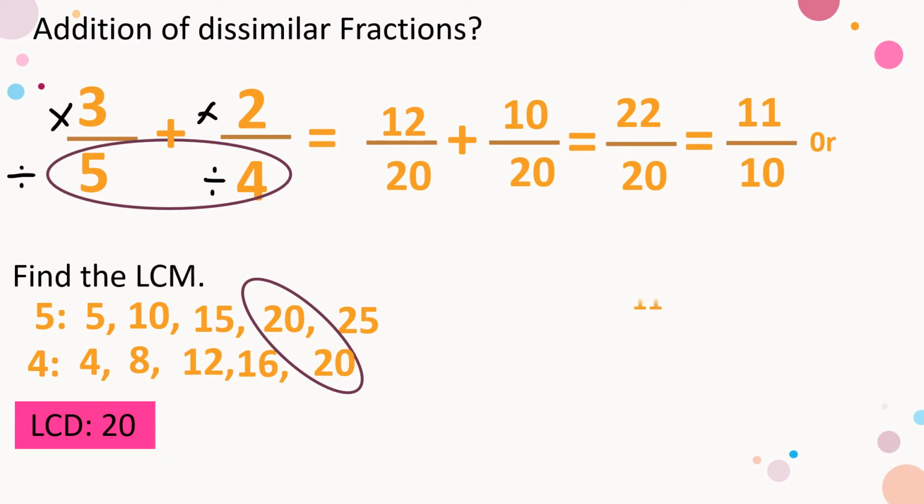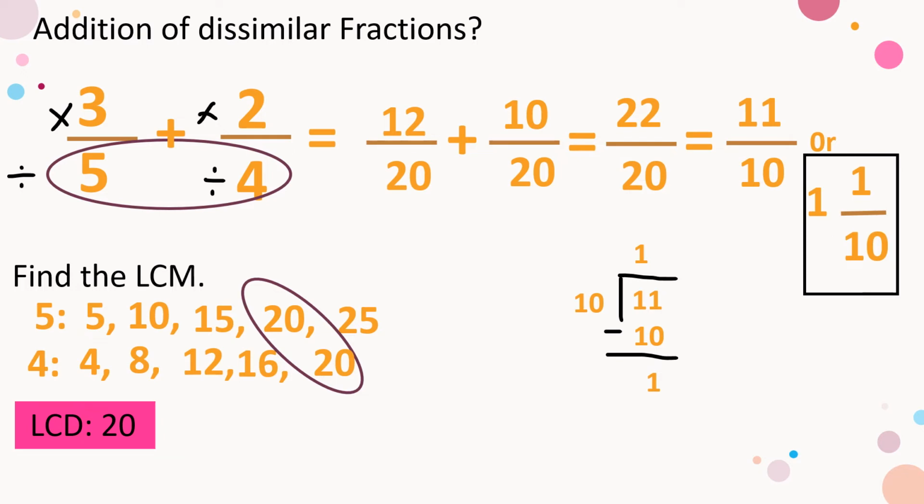And then, change to a mixed number. 11 divided by 10 is equal to 1. 1 times 10, then subtract, 11 minus 10, is equal to 1. So the answer now, in mixed numbers, is 1 and 1 over 10. So I can write it there, 1 and 1 over 10.